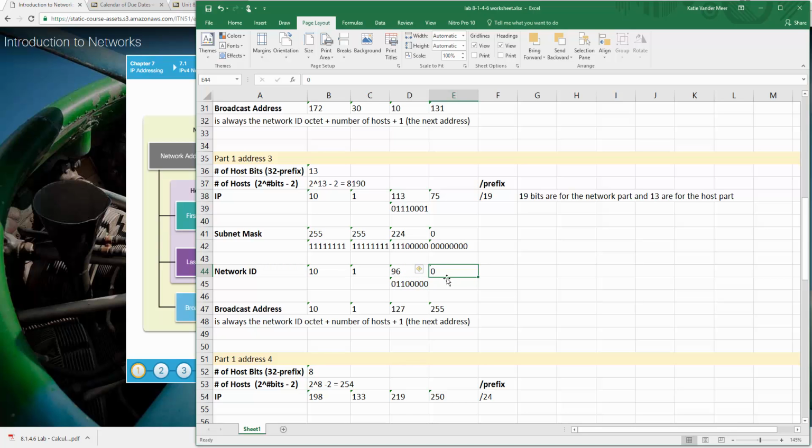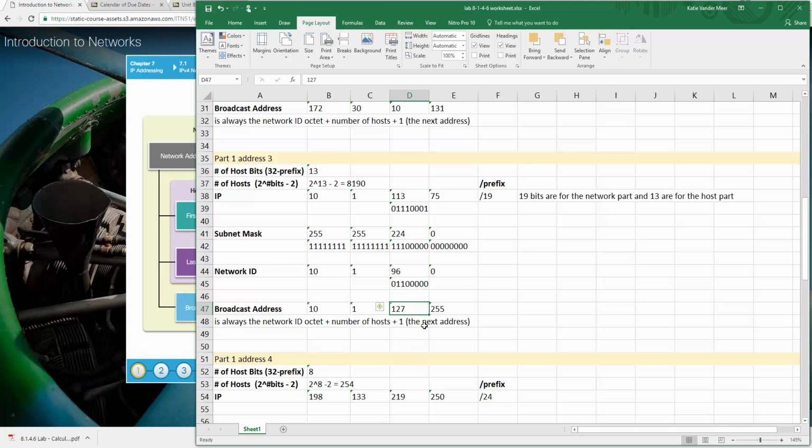But there's 8 bits from here, so that 8 comes to 255, and then, I'm sorry, not the 3 bits, the 2 bits, and then that's 30 hosts from 96 plus that extra one for the next available address is 127.